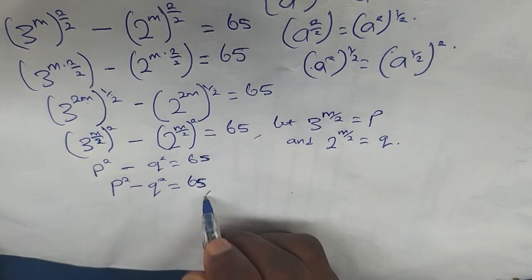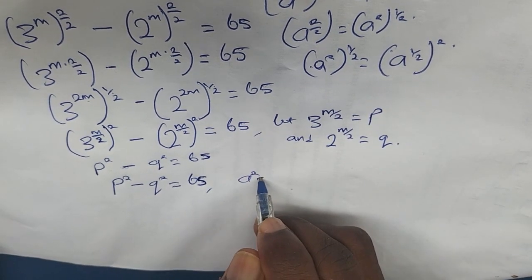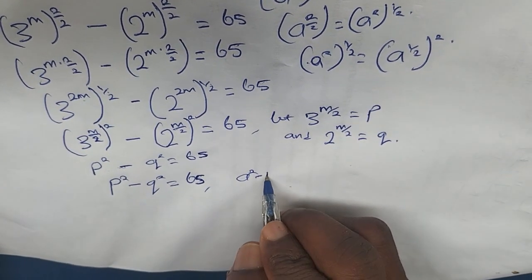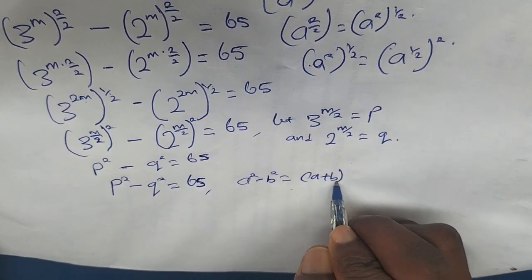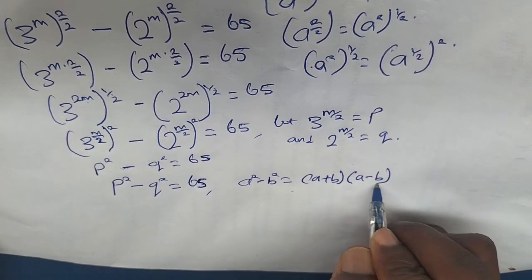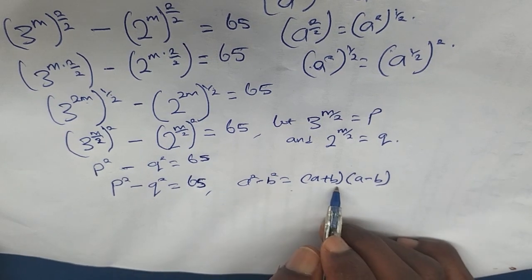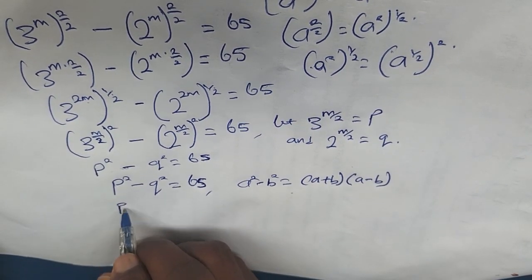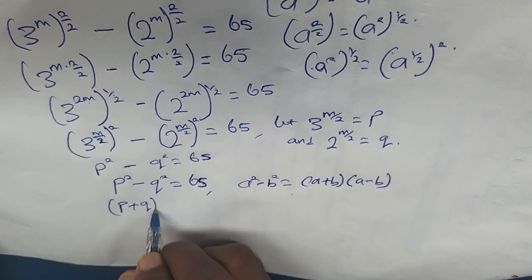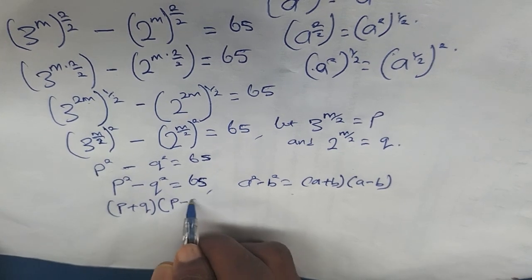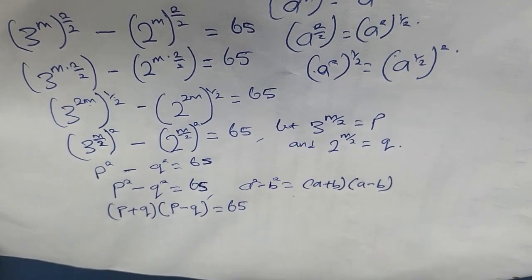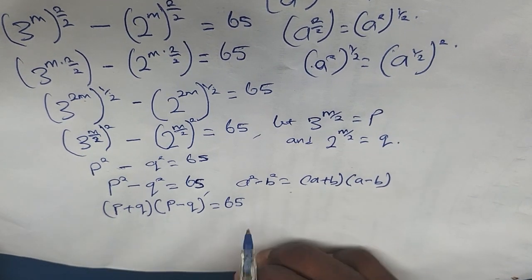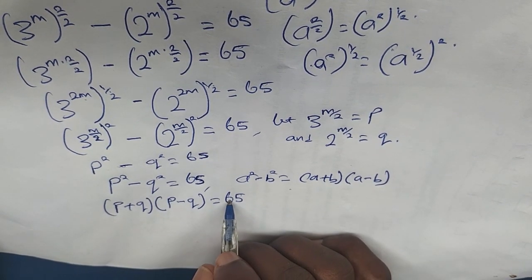Recall if you're having a squared minus b squared, it is also equal to (a plus b)(a minus b). If we apply this here, we are going to have (p plus q)(p minus q) is equal to 65. Okay, we can break 65.